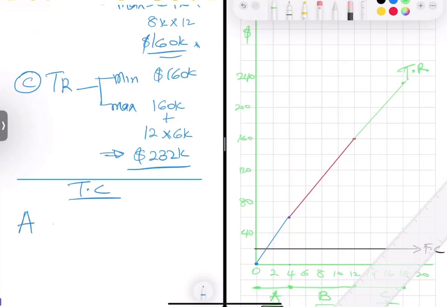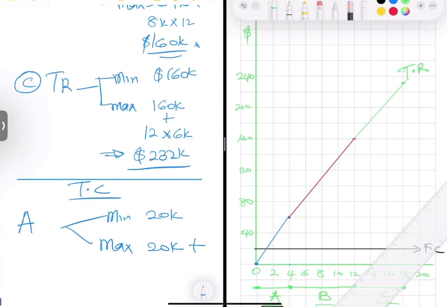For A, we need to know the minimum and the maximum. So at the point when we're planning to sell A, what's our minimum total cost? That's our fixed cost of 20K. You agree with me, right? Maximum will be that 20K plus the variable cost.